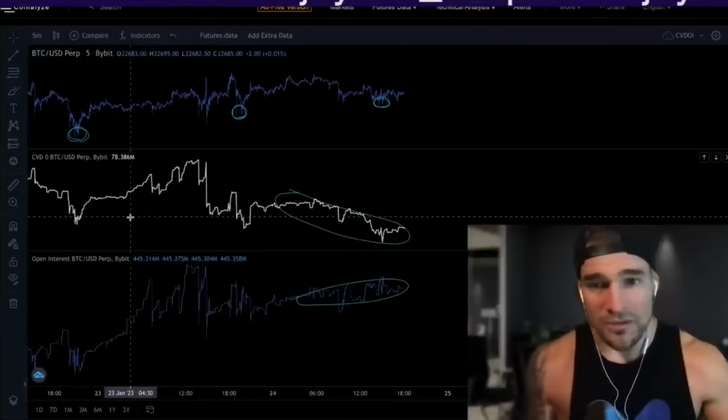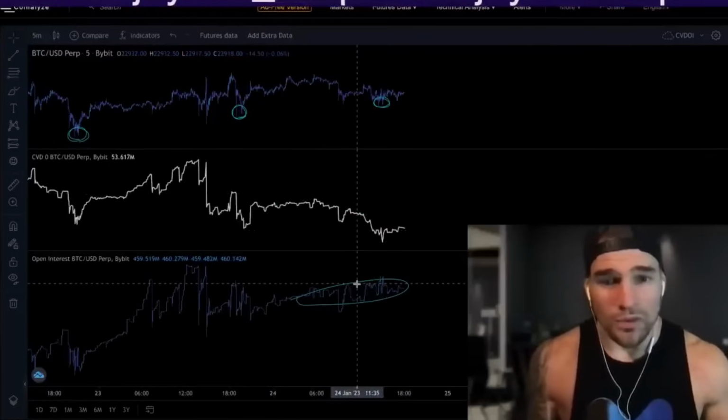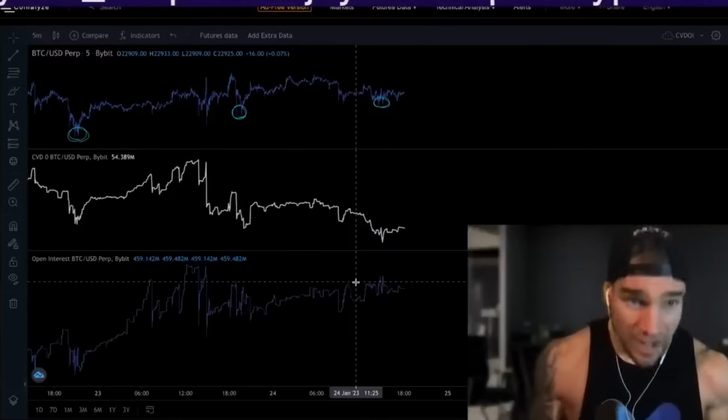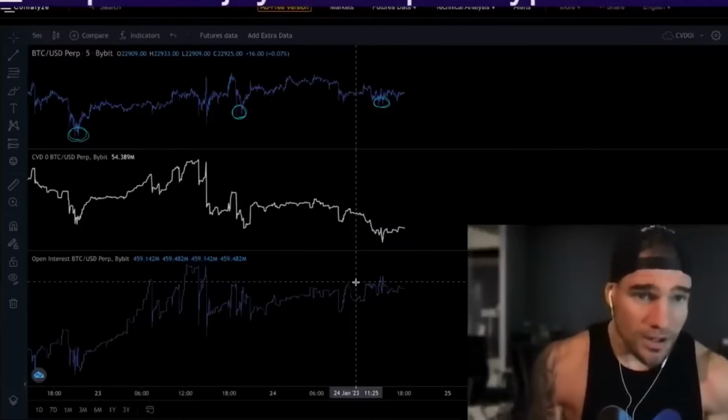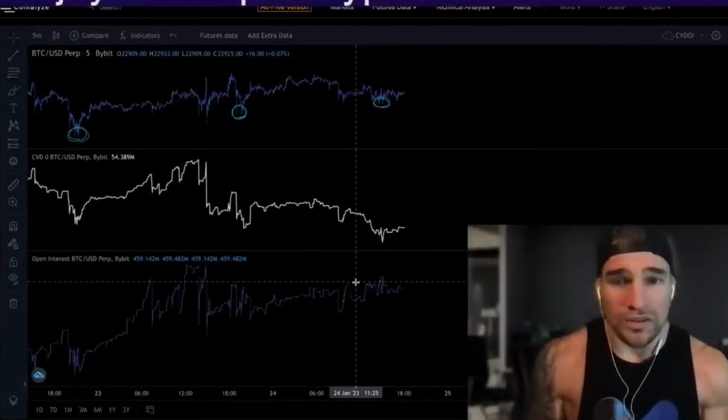Now, the reason why this information is very important is because the market is moved by people buying and selling. If there are more buyers than sellers, the price is going to go up. If there are more sellers than buyers, the price is going to go down.